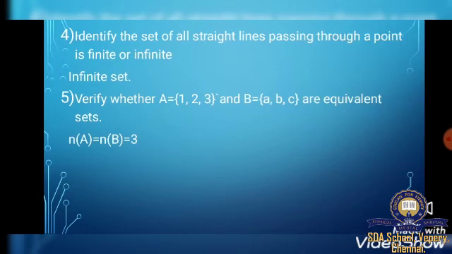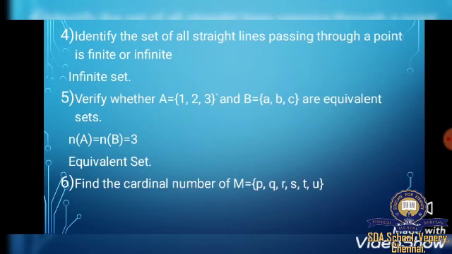Yes, they are equivalent because n of A is equal to n of B is equal to 3. Next, find the cardinal number of M is equal to {P, Q, R, S, T, U}. Yes, n of M is equal to 6. So the cardinal number of M is 6.